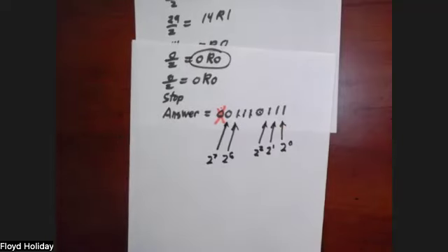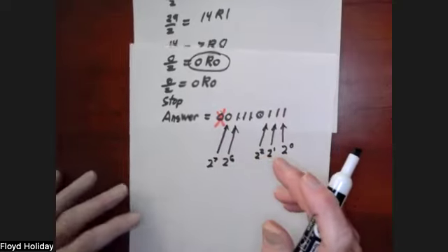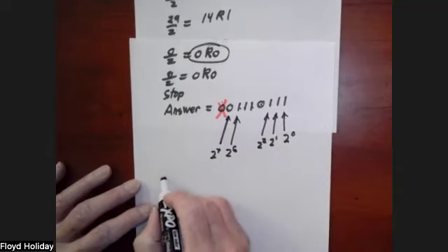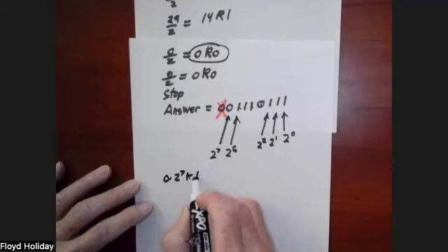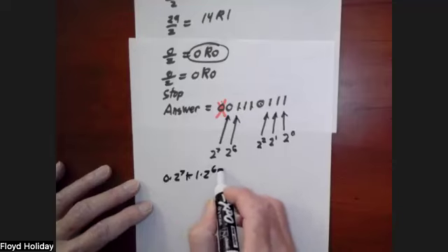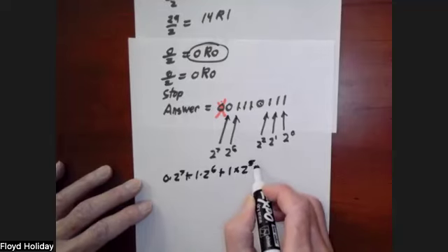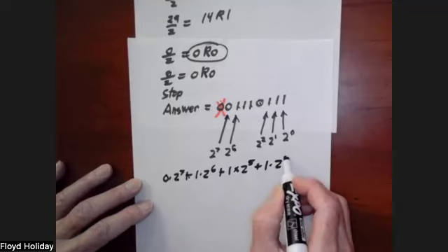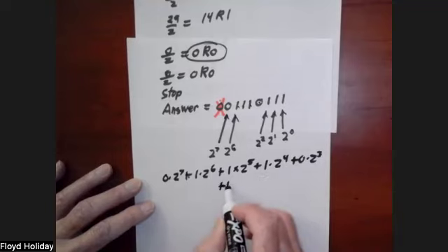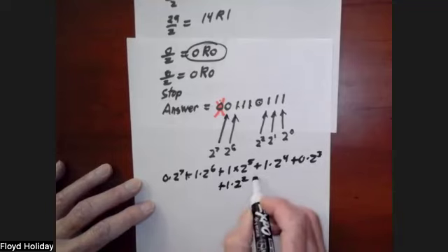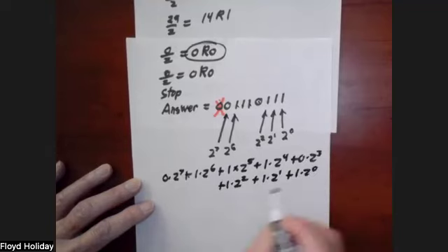Okay. So if you take all the 1 positions and add them up, we should get our original number back. Let's do it. 0 times 2 to the 7 plus 1 times 2 to the 6 plus 1 times 2 to the 5 plus 1 times 2 to the 4 plus 0 times 2 to the 3 plus 1 times 2 to the 2 plus 1 times 2 to the 1, plus 1 times 2 to the 0.